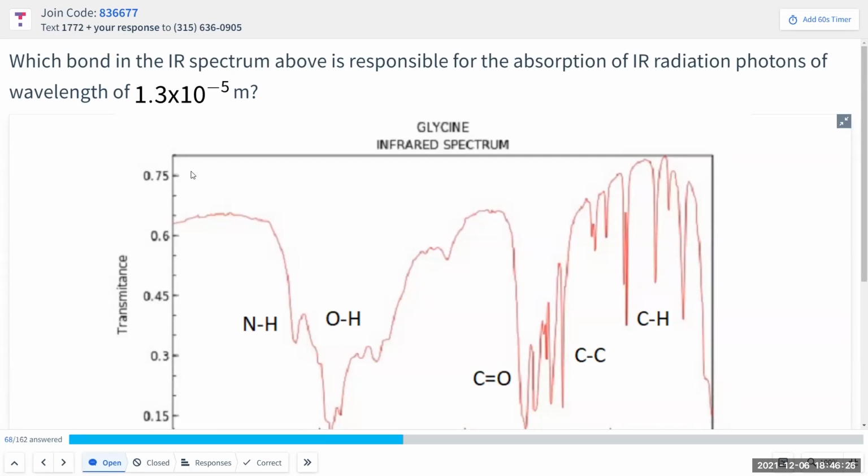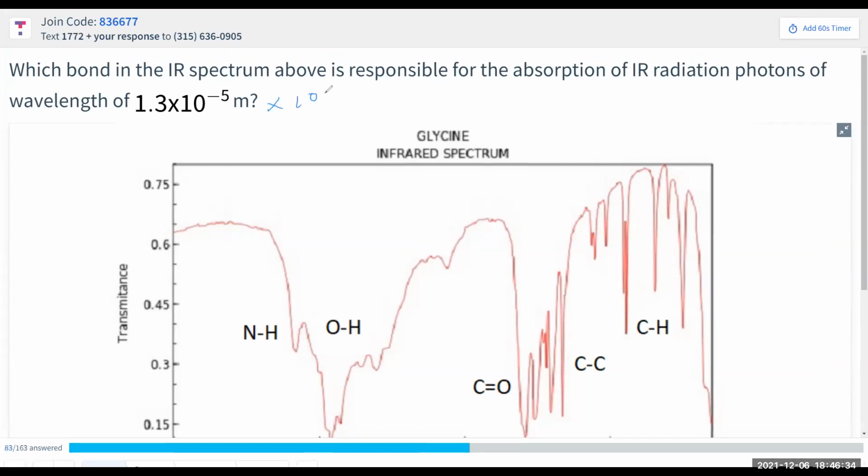To convert meters to centimeters, I'm going to multiply this by 100 because that's how many centimeters we have in a meter. So the meters cancel out and then I'm going to get the answer in centimeters. This is 1.3 times 10 to the power of minus 3.